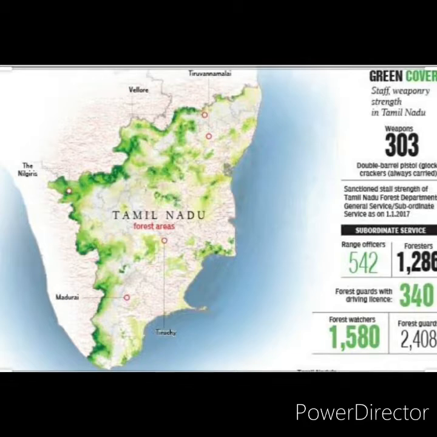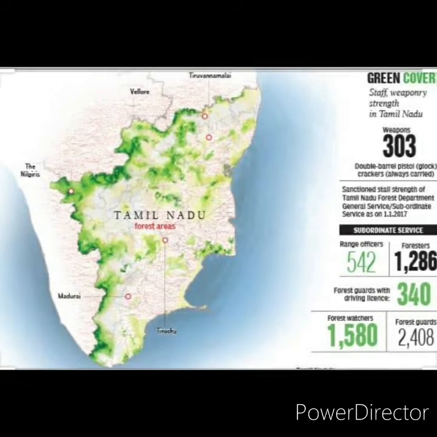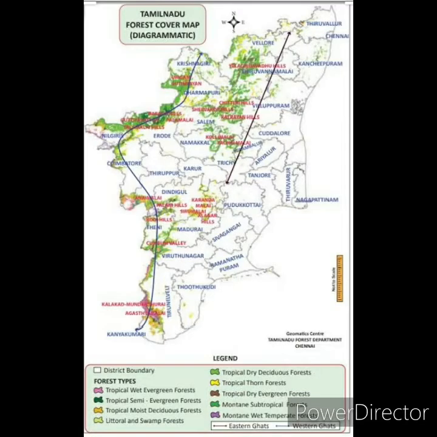According to the Tamil Nadu State Forest Report 2017 assessment, the area under forest in the state is 26,281 square kilometers, which constitutes only 20.21% of the total area. Tamil Nadu constitutes 2.99% of India's forest cover. The forest types in the state vary from wet evergreen to scrub forest.